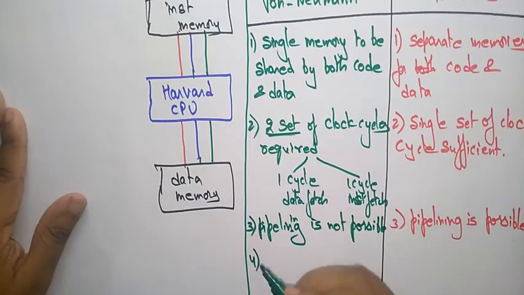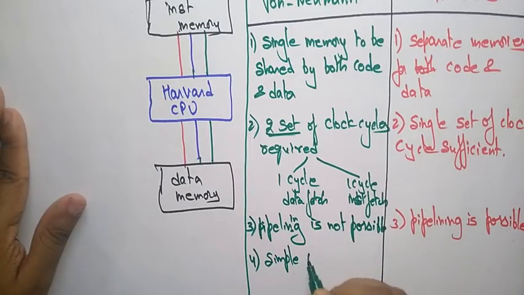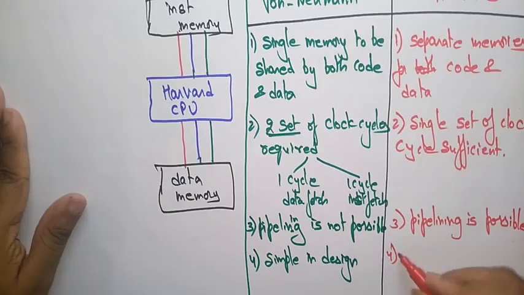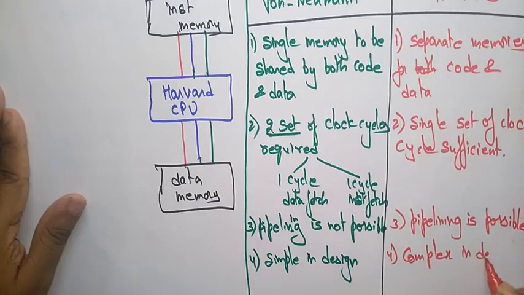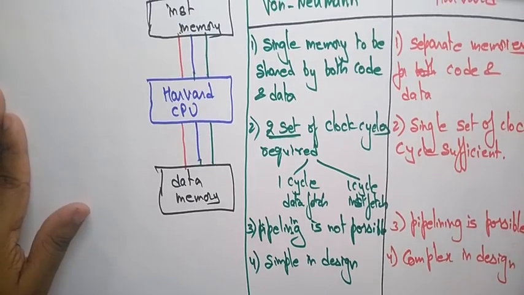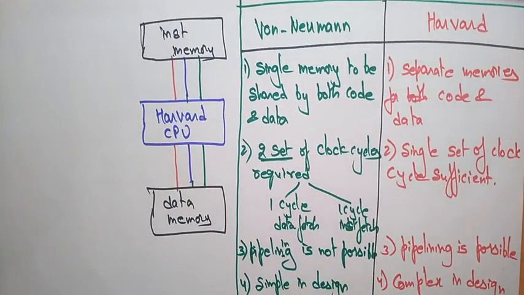And next, von Neumann architecture is simple in design. It requires fewer hardware components to design, whereas Harvard architecture is complex in design. These are the differences between the von Neumann and Harvard architecture.